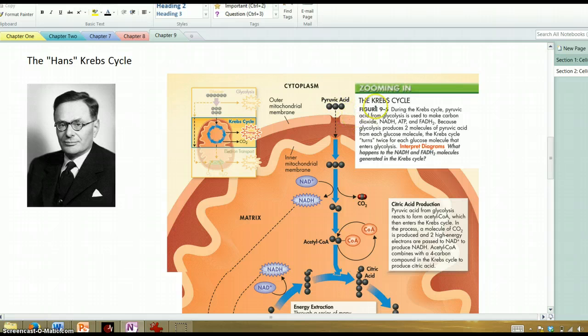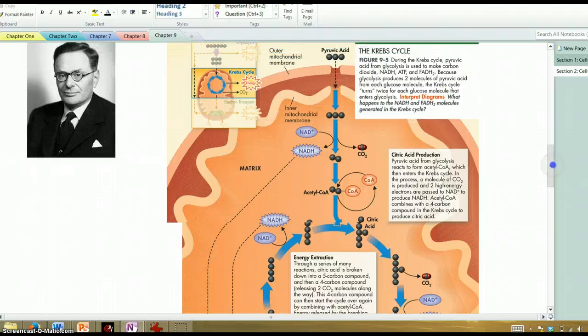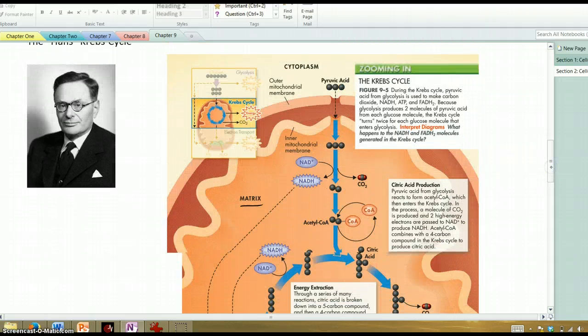Here we're going to take those pyruvates, and they are now going to be transported into the mitochondrion. And at the very inside of the mitochondria, what's known as the mitochondrial matrix, we're going to completely break down this molecule to transfer energy primarily to ATP and more NADH molecules.